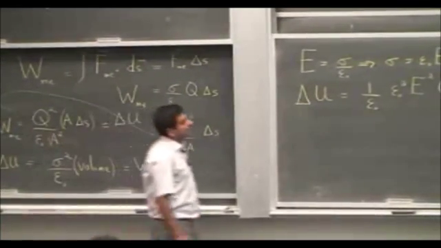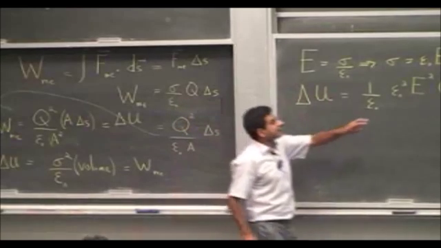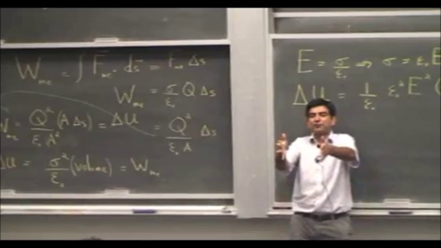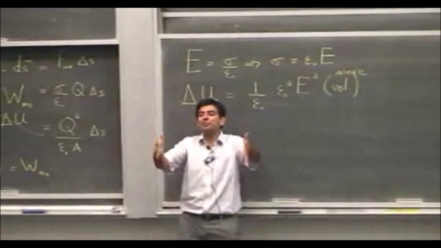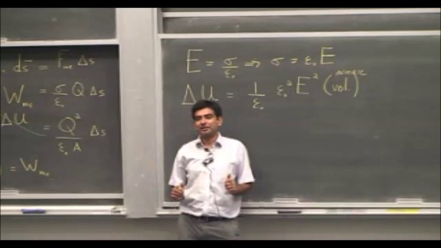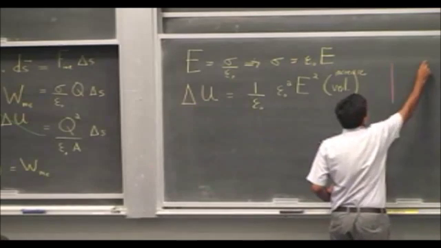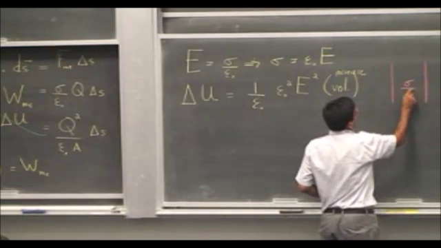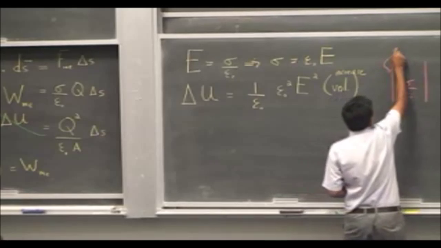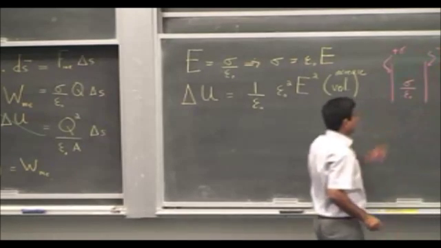Okay? So let's look at this relationship. What this relationship tells us is that if I increase the volume of the system, that is, the plates move further apart, the volume over which the electric field exists is increased. Now if I have two plates here, the electric field is still sigma over epsilon naught. If this carries a charge density of plus sigma and this plate carries a charge density of minus sigma, this is the electric field.